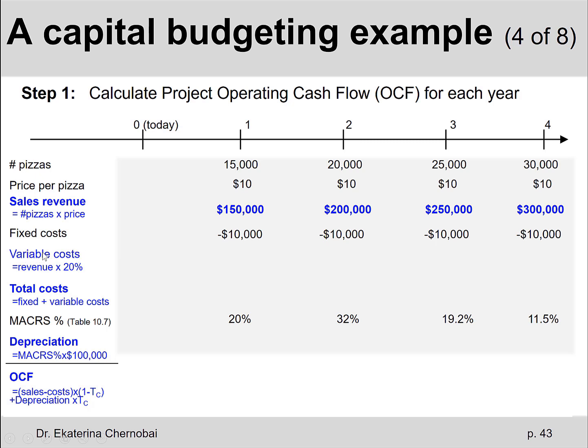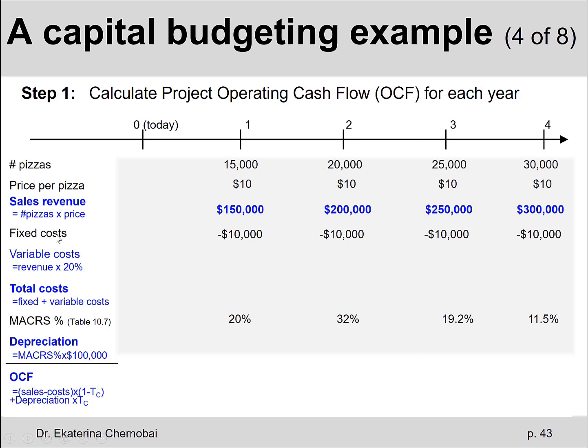And what was given to us is that to calculate the variable cost, we need to take the sales revenue and multiply it by 20%. So the idea is variable costs vary with how much we sell. If we produce more pizzas, we are employing workers over time, paying them higher wages, and also using more electricity and other utilities, and so that all adds up to higher costs.